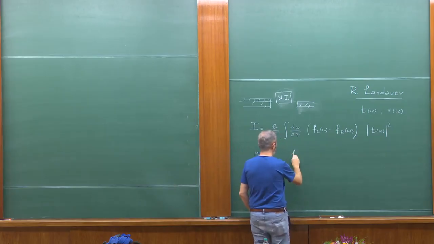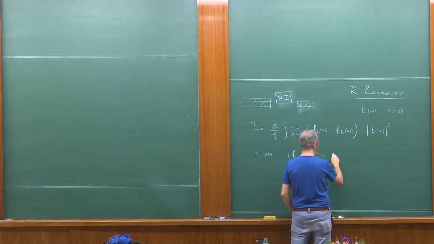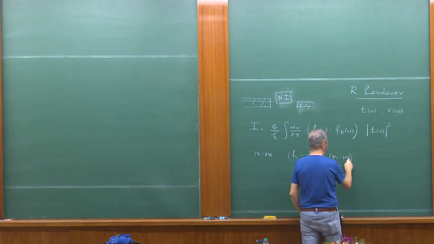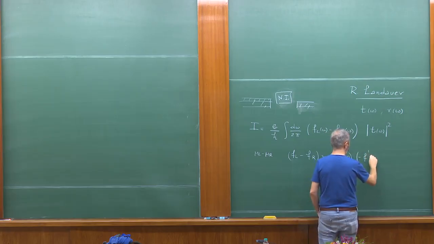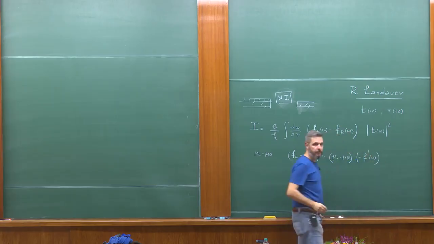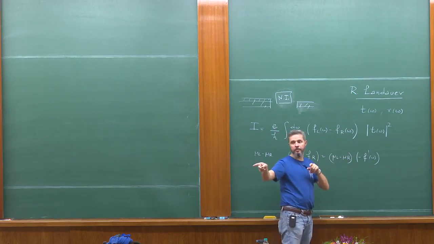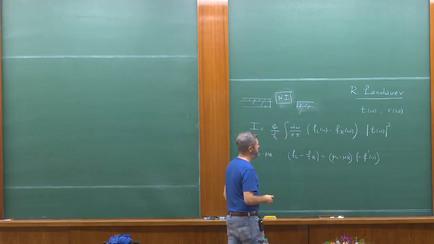Then I can expand f left minus f right as mu left minus mu right times minus f prime of omega. The minus comes because the chemical potential enters with a minus sign in the Fermi distribution.